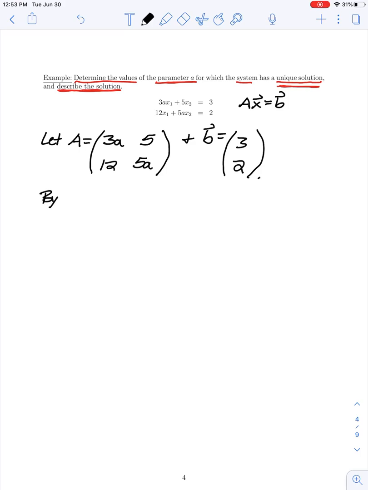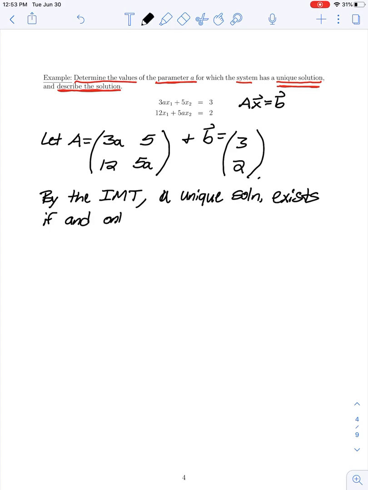So we can say something along the lines of, by the invertible matrix theorem, a unique solution exists if and only if the determinant of A is non-zero.